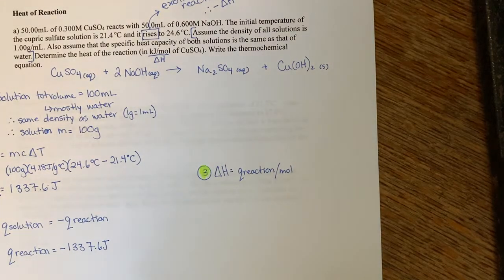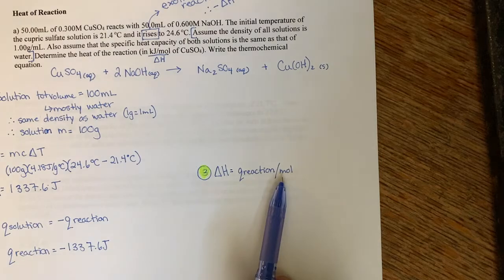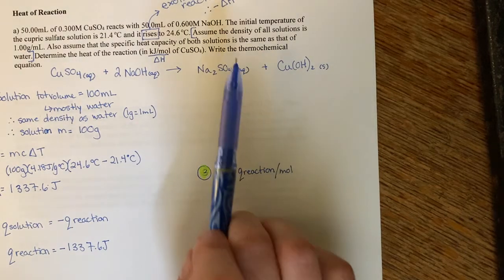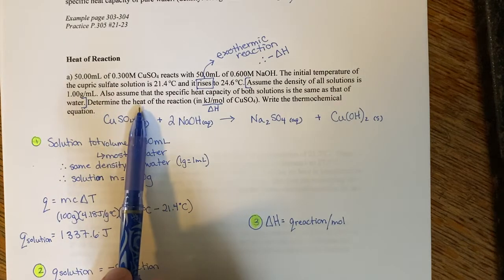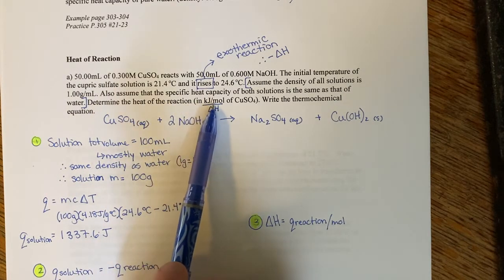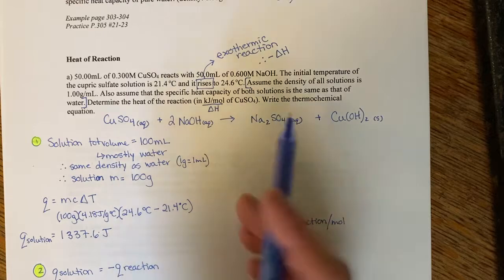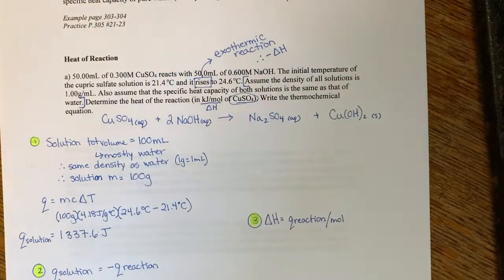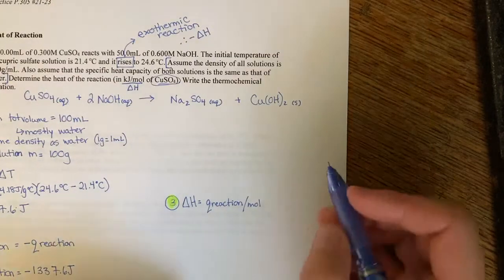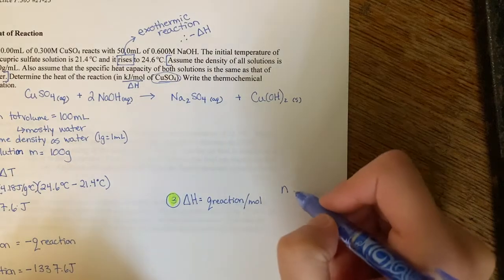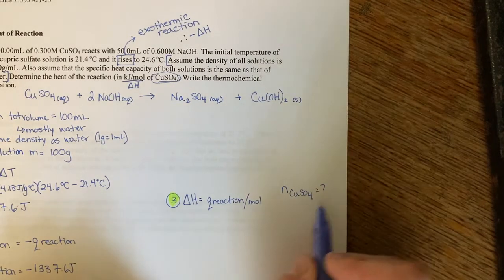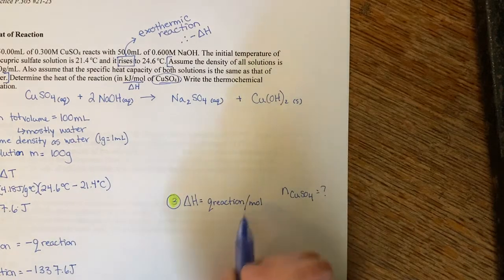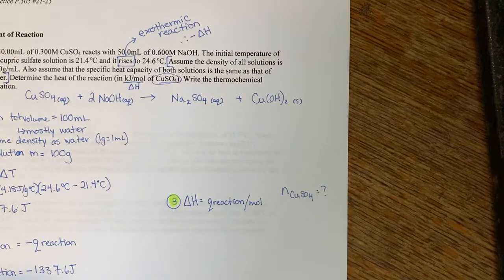Now we need to determine moles of copper sulfate here because this is asking us, okay, determine the heat of the reaction in kilojoules per mole of copper sulfate. So we need to find n, so n is moles of CuSO4 to be able to put in for moles there.